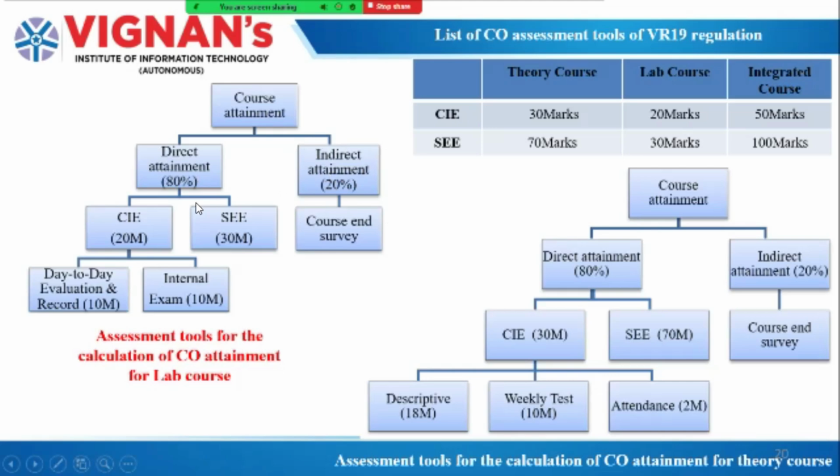In the CAE, we have descriptive examinations, weekly tests or assignments, and attendance. In indirect attainment, we have the course exit survey. In the labs, under CAE, we have day-to-day evaluation and record for 10 marks and internal exam for 10 marks.